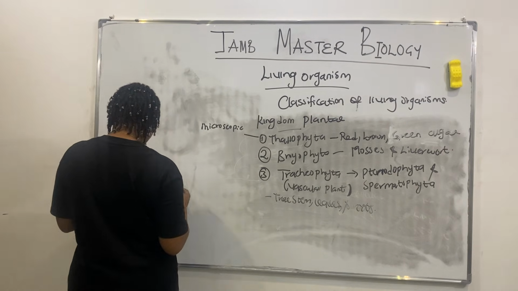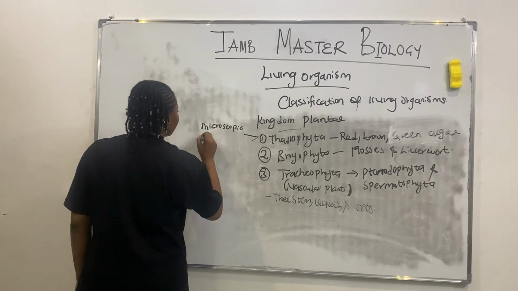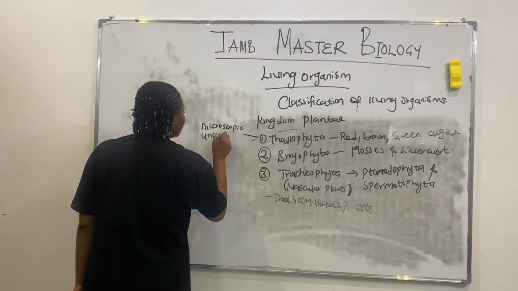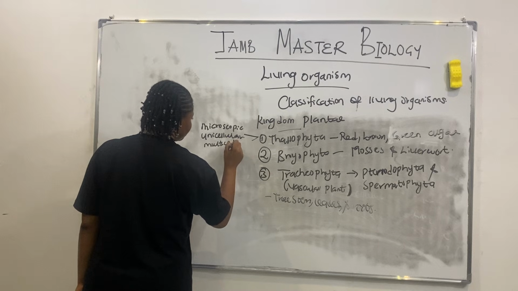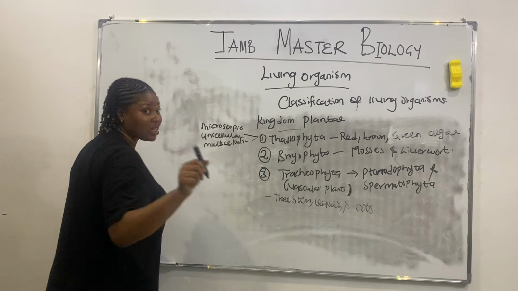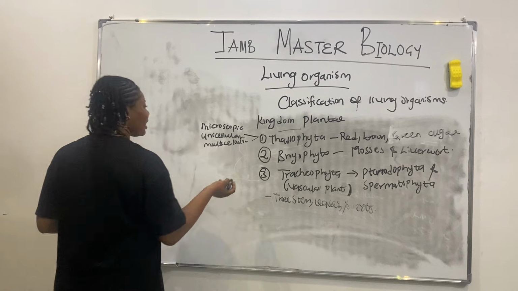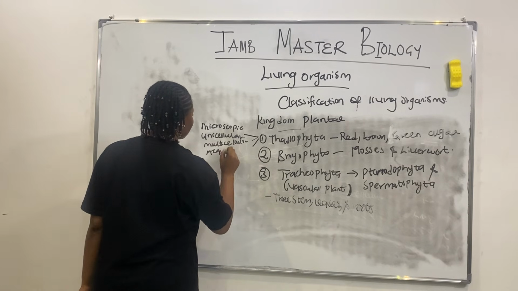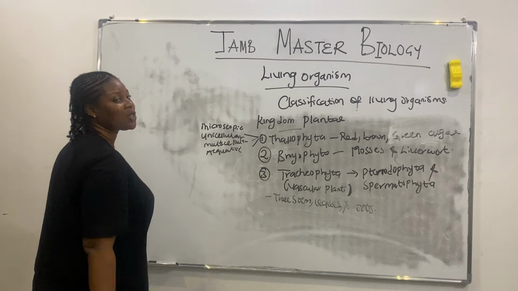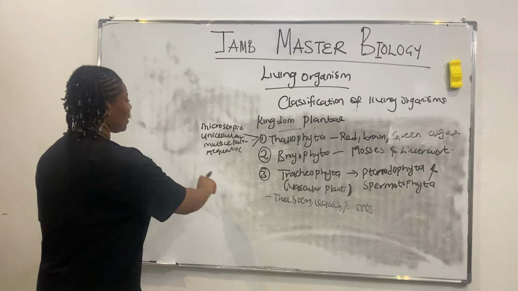Another characteristic is that some of them are unicellular, some of them are multicellular, which means that some have one cell and some have multiple cells. Another one is that they are aquatic. Those plants that grow on water, any plant that grows on water is called an aquatic plant.